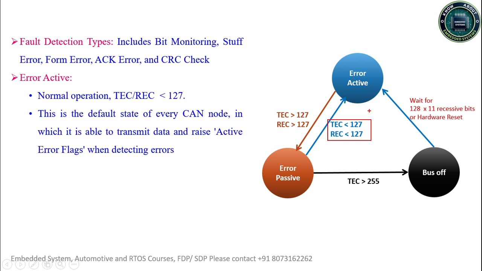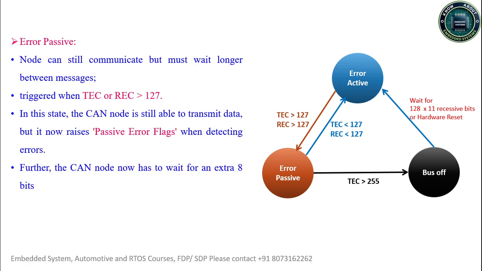Whenever both TEC and REC are less than 127, that is called active error state. Passive error state means, if you observe here, whenever your counters are greater than 127, for both TEC and REC, then the ECU will enter into passive state.